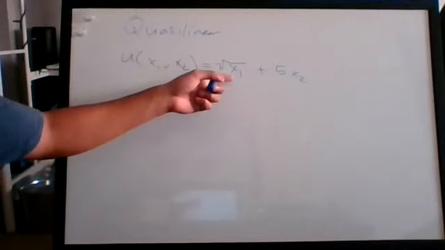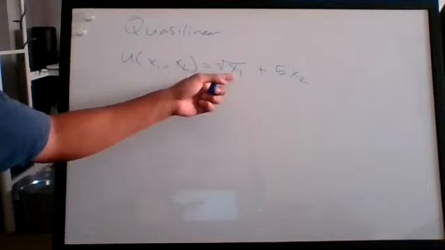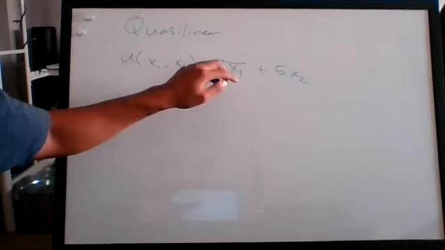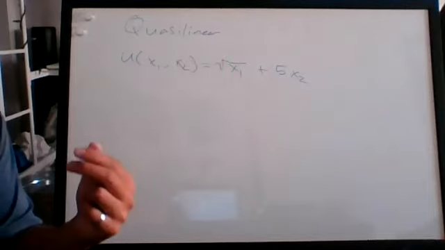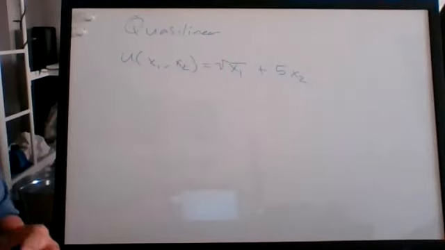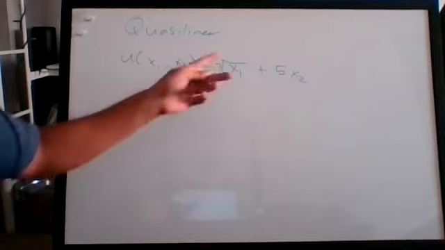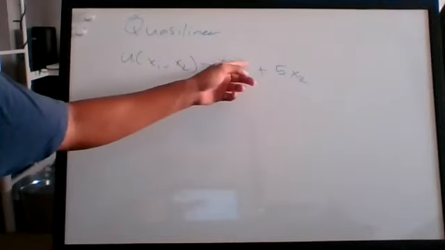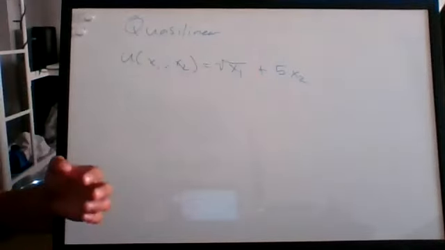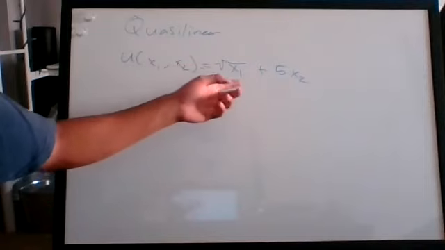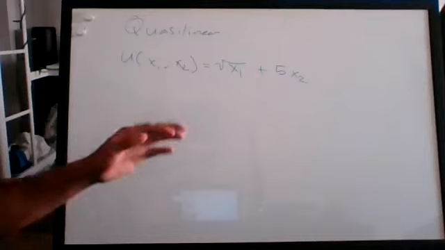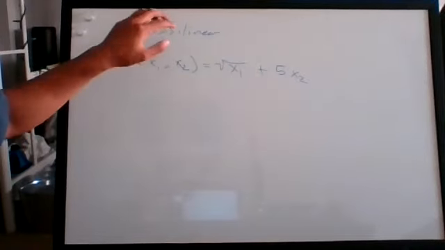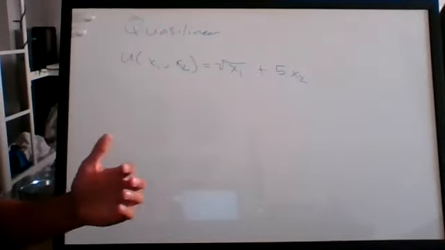And you'll notice that this is quasi-linear because there's diminishing returns to the variable that has the curvature to it. So essentially the exponent is going to be less than 1, and that's a defining feature of quasi-linear, which is going to allow us to solve this with diminishing marginal rate of substitution.